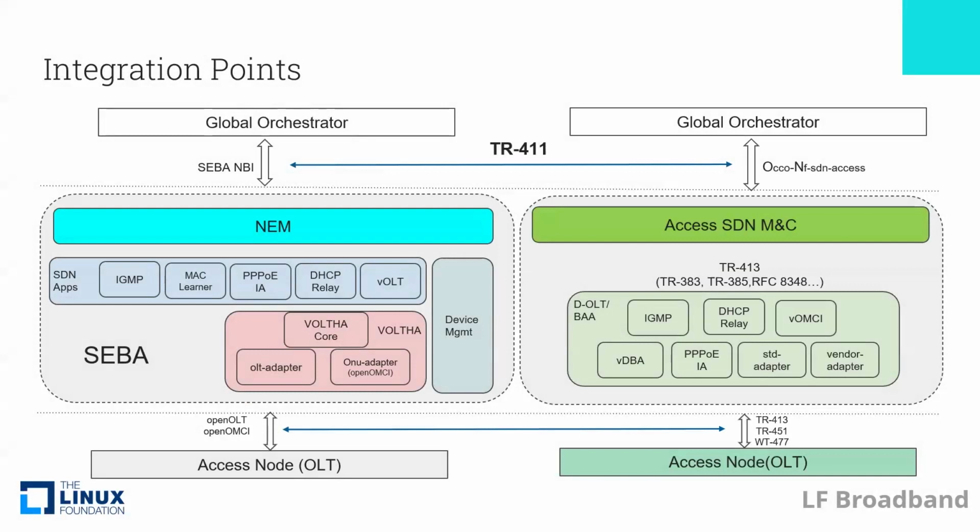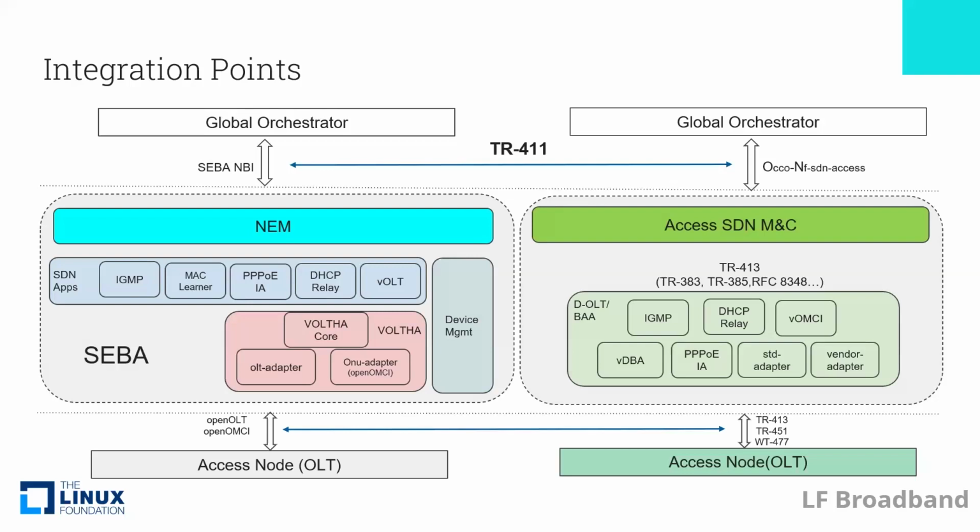So, with the help of this side-by-side architecture comparison, we tried to decide what could be our integration points. So we identified two. One of the integration points could be this northbound interface, which is covered by TR-411. I think also the issue 2 activities has just started with this 411. So it would be a good start for collaboration.